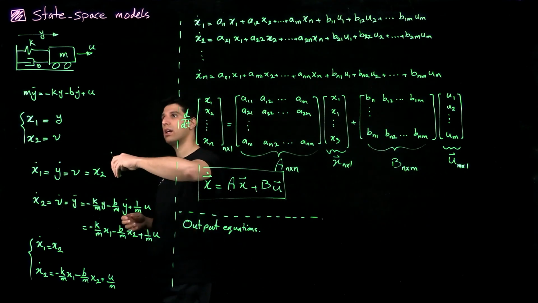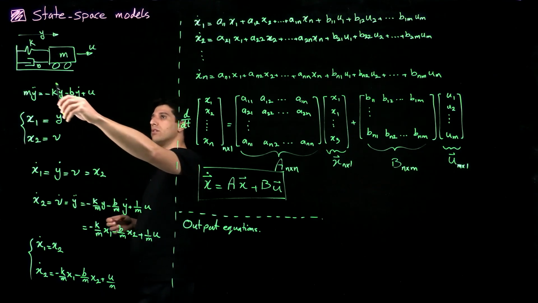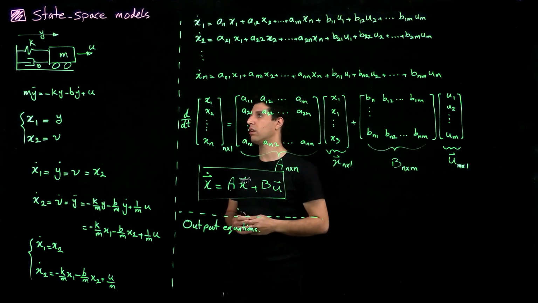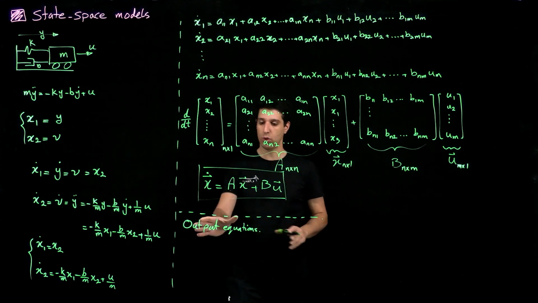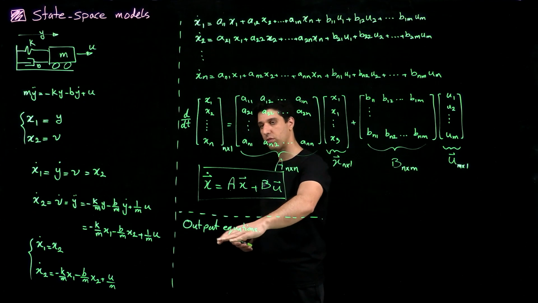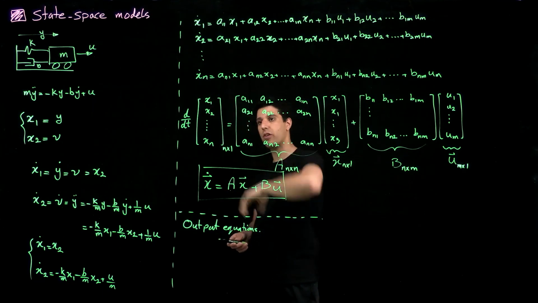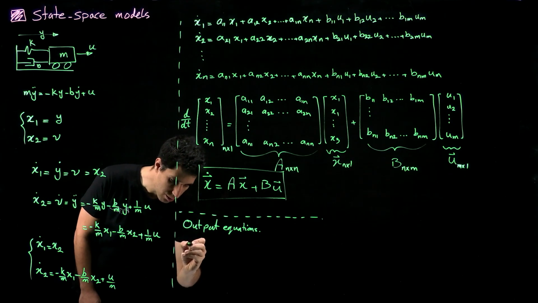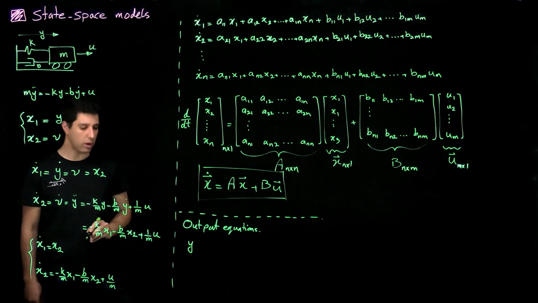Maybe the force in the damping, or force in the spring, or any other thing. Those are outputs of the system that could be different from my states. The standard notation usually uses y to describe the outputs.